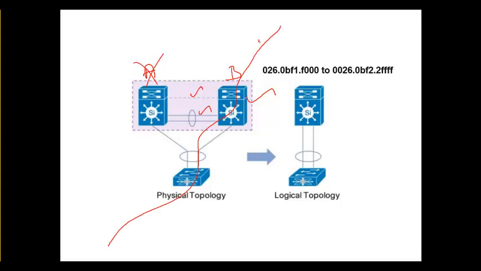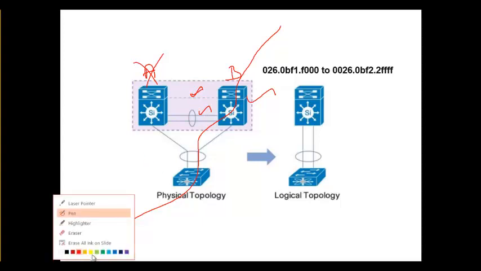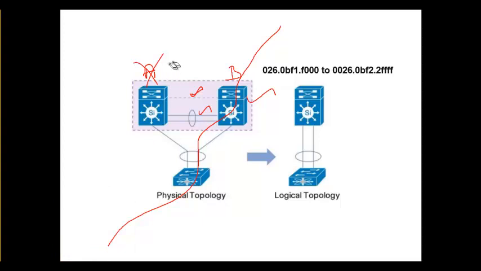Now as soon as the keep alive and peer link come back, B will say, I'm not active for all, but I'm active for only 50%, maybe all the odd MAC addresses or all the even number MAC addresses.